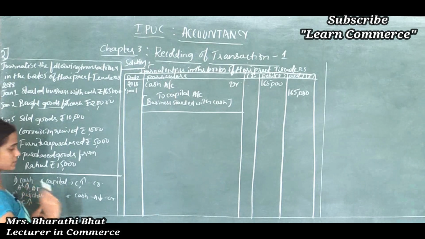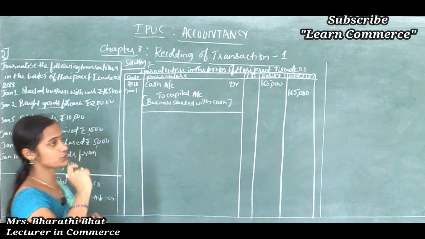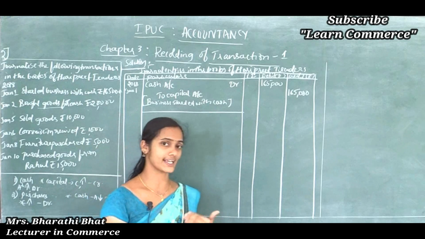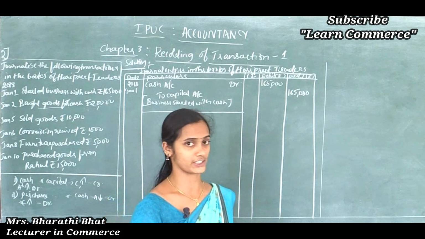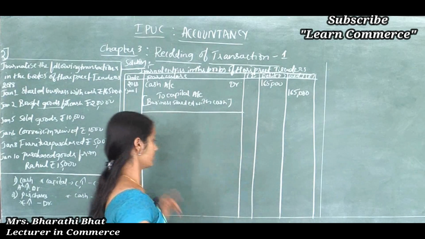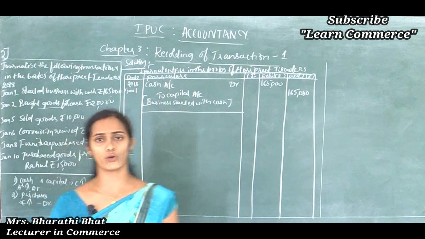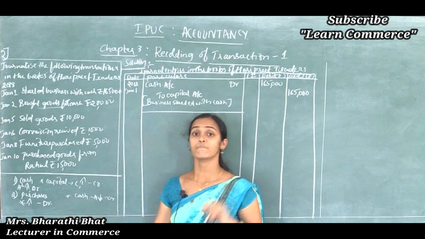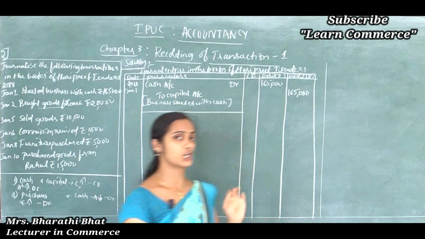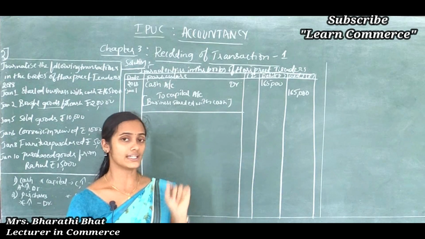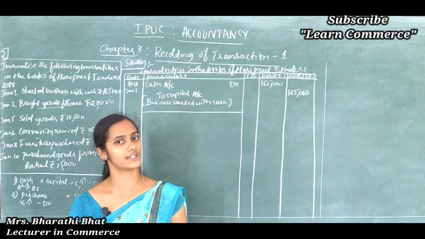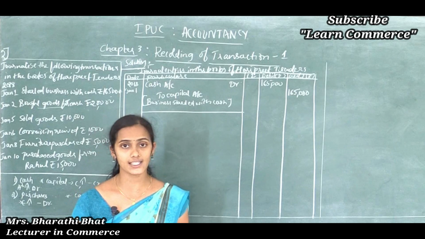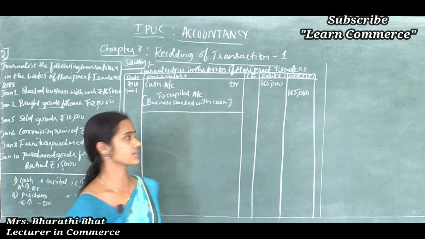In the first line we should write the debit aspect, and in the second line the credit aspect of a transaction. So first we write the debit aspect. Which account is debited here? Purchases account, because as per the rule, increase in expenses is to be debited, and decrease in asset is to be credited. Correct, right?